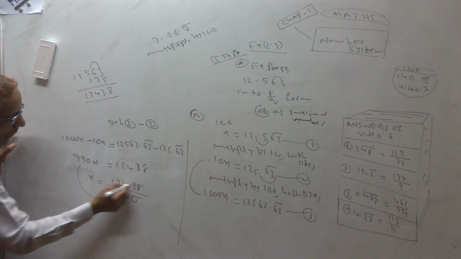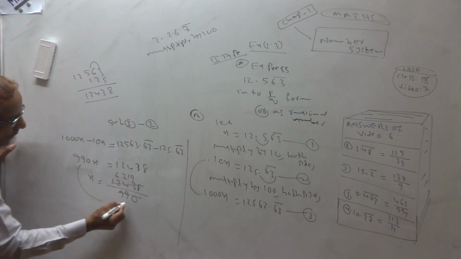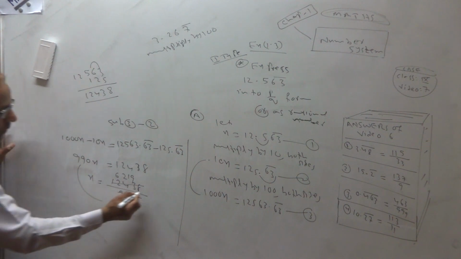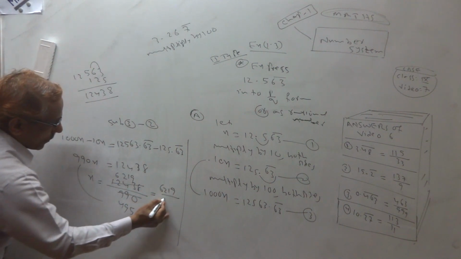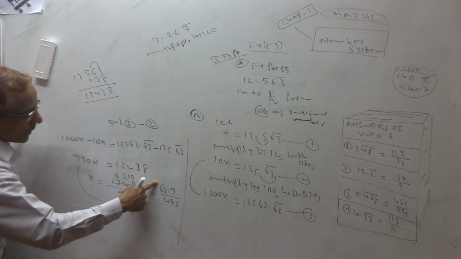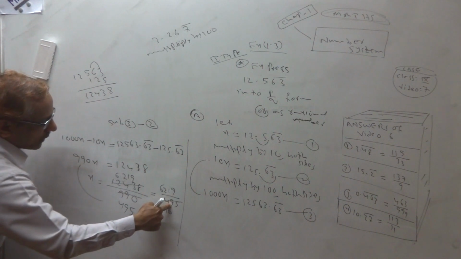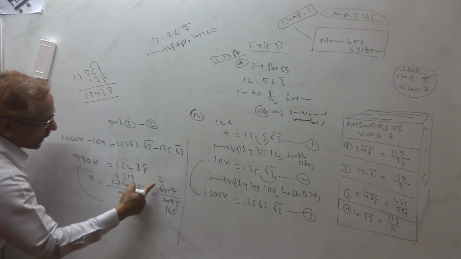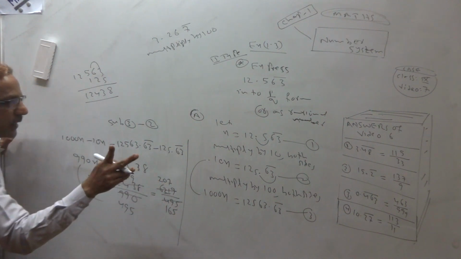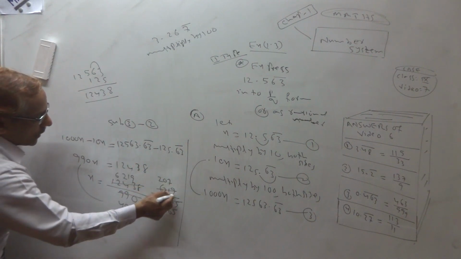Now cut it. 2 sixes are 12, 2 twos are 4, 2 ones are 2, 2 nines are 18, 2 fours are 8, 2 fives are 10. So what I am getting is 6219 by 495. Now it will not go by 2, so try by 3. Yes, it will go by 3. If you cut two numbers directly, you must put 0 here. 3 twos are 6, 0, 3 sevens are 21, 3 threes are 9.